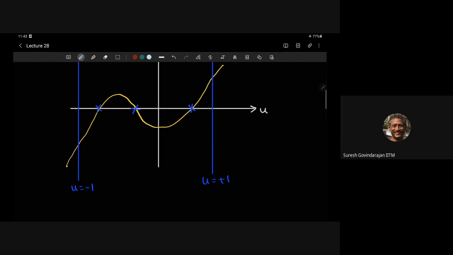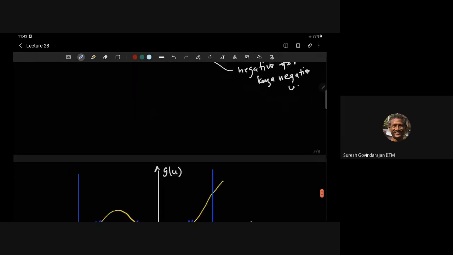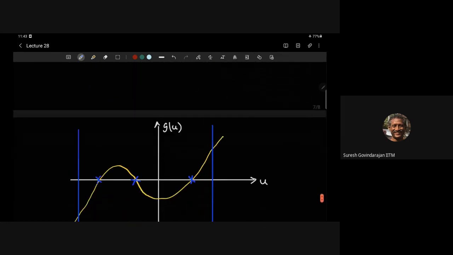This is g of u. If you remember, g of u was E minus u effective, right? So if g of u is greater than 0, that just means that the energy is greater. I just want to mark out the accessible regions. Is my question clear?